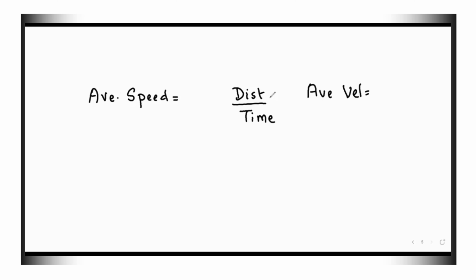Now comes average. Average speed is also there, and average velocity is also there. As you know, speed is equal to distance divided by time. So if it is average, just add a total before them. Total distance divided by total time, we call it as average speed.